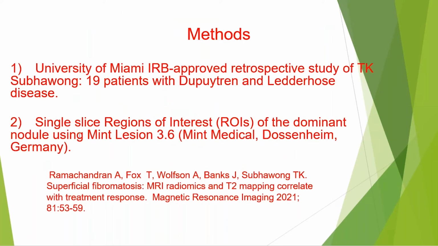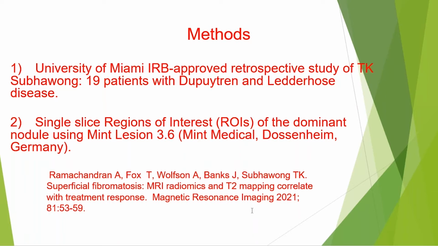Thus, our most recent publication in 2021 updated not only our patients getting MR T2 evaluation of patients getting radiation for Dupuytren's and Ledderhose, but also we were applying this T2 mapping concept using a single slice region of interest for the dominant nodule in the hand or foot, and then using commercially available software that you see listed there from Germany to run this program.